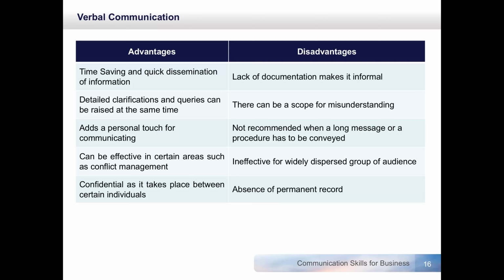There are detailed clarifications and queries which can be raised at the same time in a meeting. For example, you do not understand a point, you can raise a query, and then that is pretty much instantly answered. Even if you are digressing from what is being talked about, which could be a disadvantage, more or less it's instant. There are personal touches to the communication when it happens verbally, because there's a tone of voice in which it is spoken, and you have that conversation.